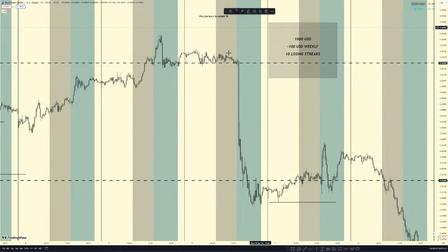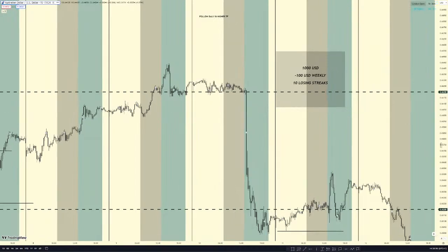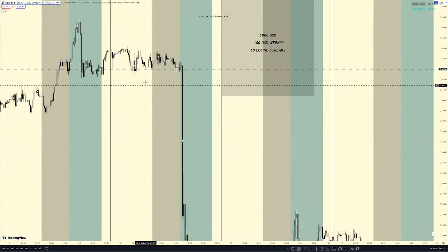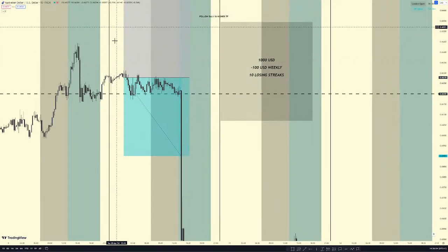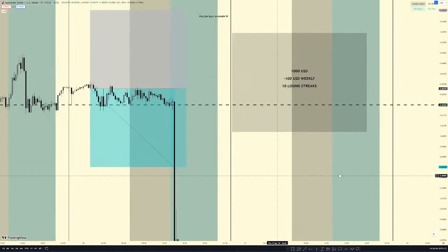Yes, this is an inversion model entry here. I was not in this trade, but let's look at a scenario. That's a short setup here. What is this? This is an inversion. You see that high there? Let me zoom that in for us.